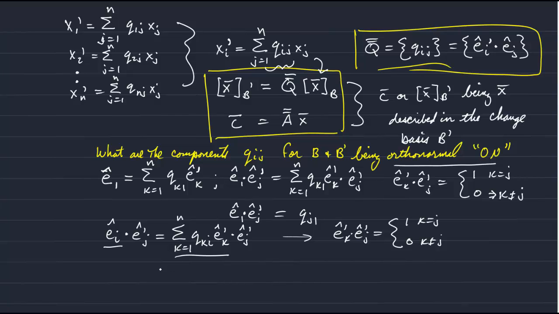And so when we sum over k, the only remaining term is Qji.